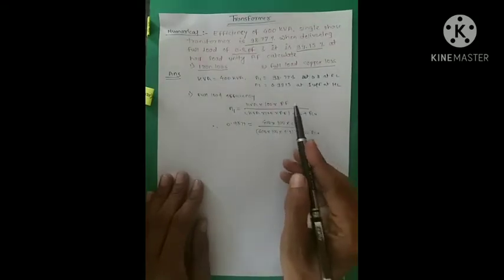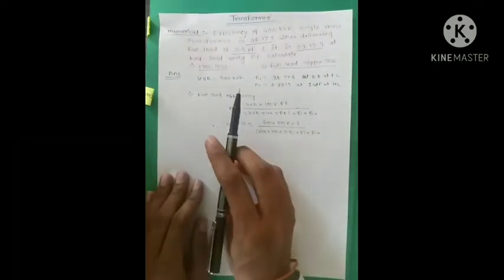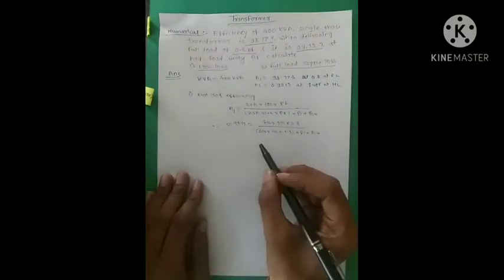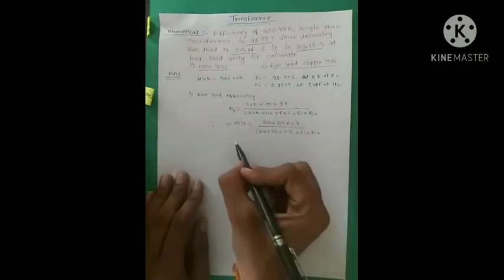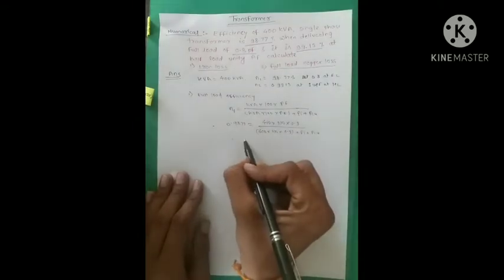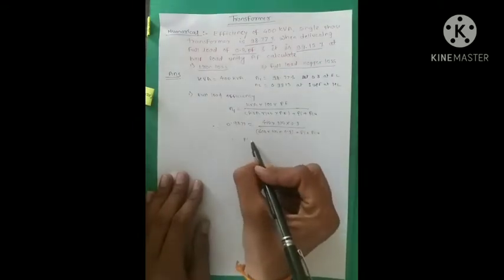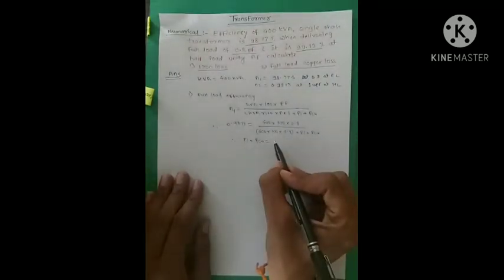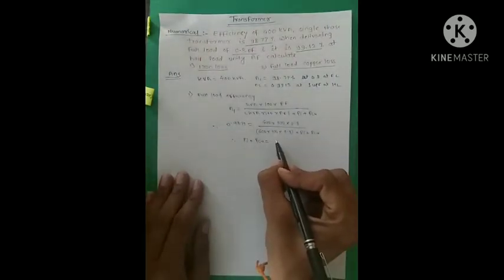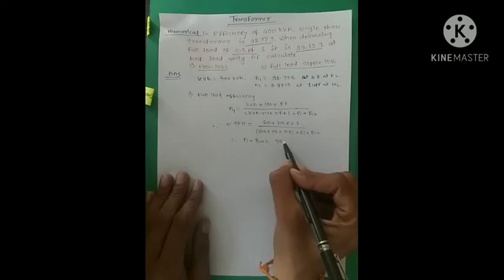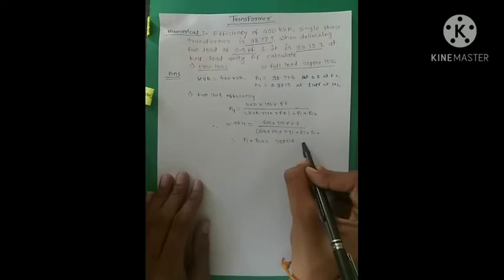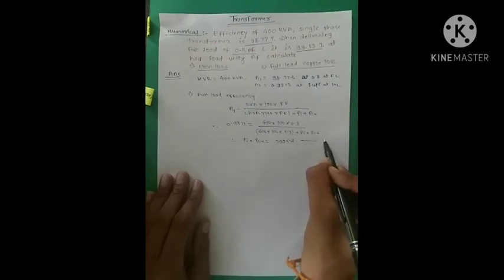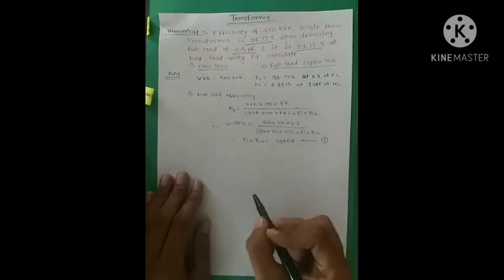We have to calculate the iron loss, that is PI. Therefore, by rearranging terms, we get PI plus PCU equals 3985 watt. Give this as equation number 1.